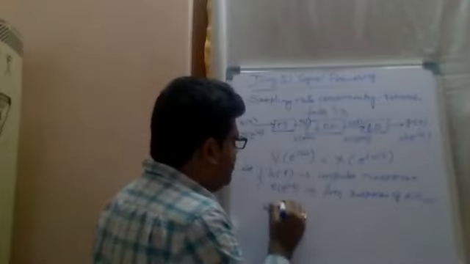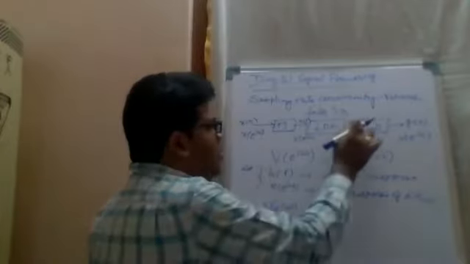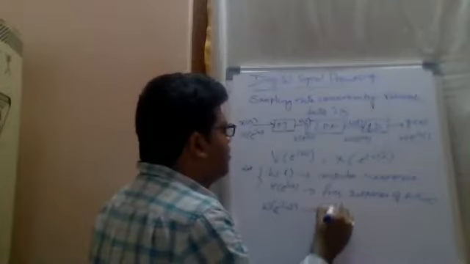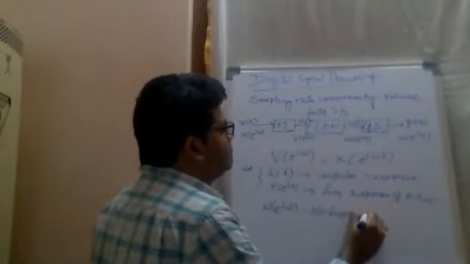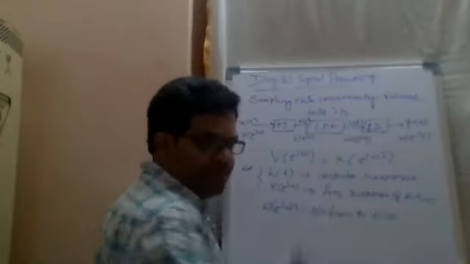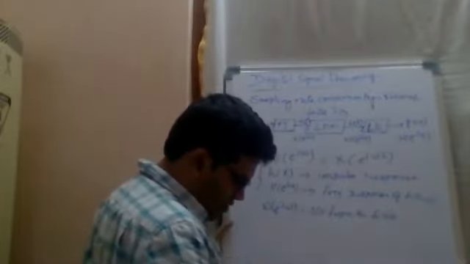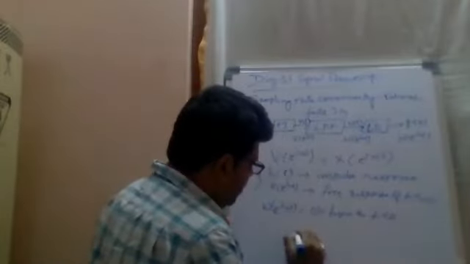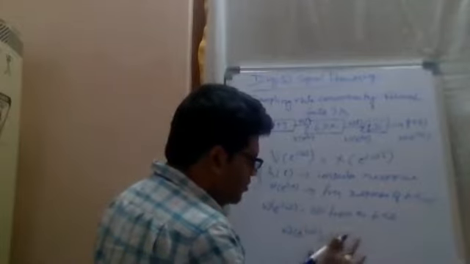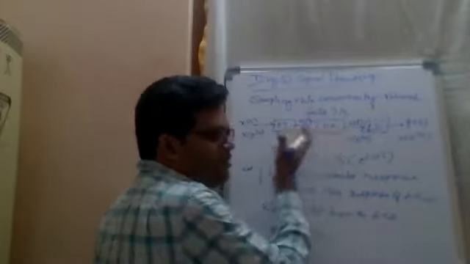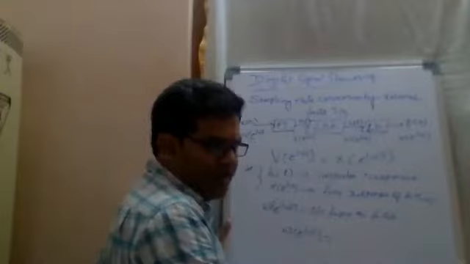W of e power j omega, which is the output from the filter, I can express as W of e power j omega equal to, so generally in a filter we have the concept of convolution, right?